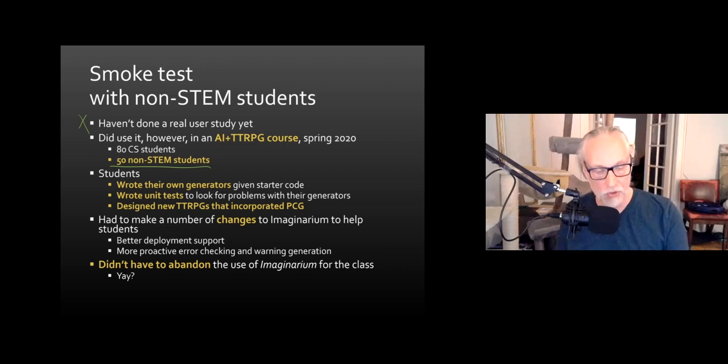And all of those students did write their own generators, wrote unit tests for them, worked in groups to design games that integrated PCG into them, things like that. We did learn a lot about how to make the system more usable by people. We had to do a lot more proactive error checking and things like that. But the happy news is that we didn't have to give up on it, which I wouldn't have been surprised if we did, but we didn't.